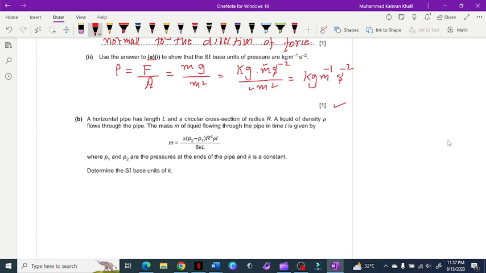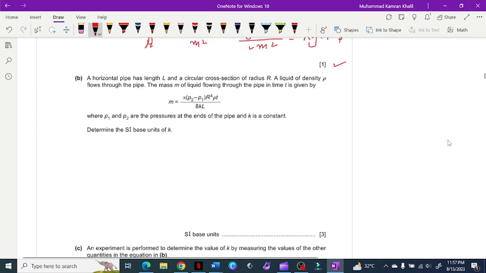Now for the next question, he is saying a horizontal pipe has length this. So what is required? The SI base unit for K. So first of all, make K as a subject and just ignore the constant. In this question, the constant are pi and 8. So we will make K as subject.